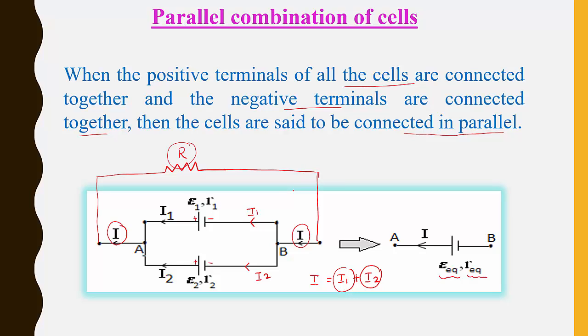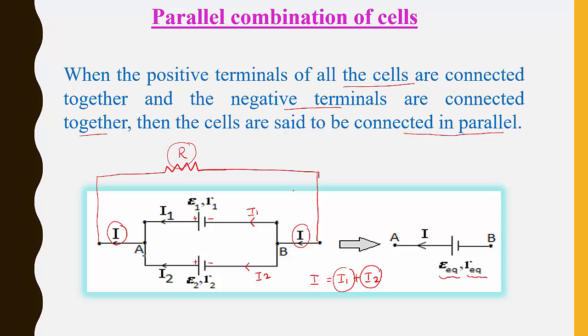Is it clear? So now we know that when the cells are connected in series, then its potential increases. Now the question arises, suppose the cells are connected in parallel, then what is the use? Does potential increase here? No. Here EMF remains constant.